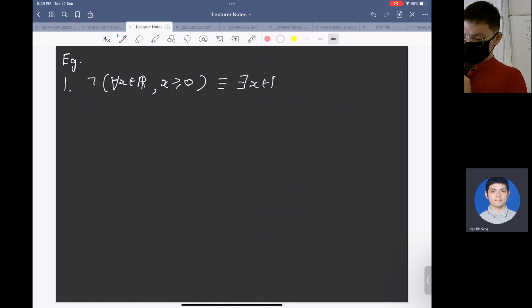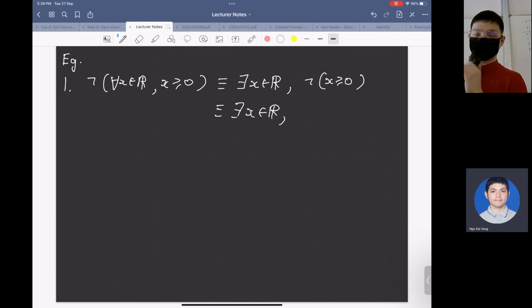There's this x in R such that x is not greater or equal to 0, that is, x is less than 0.